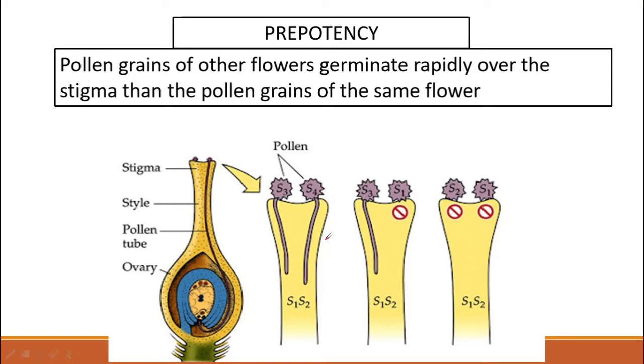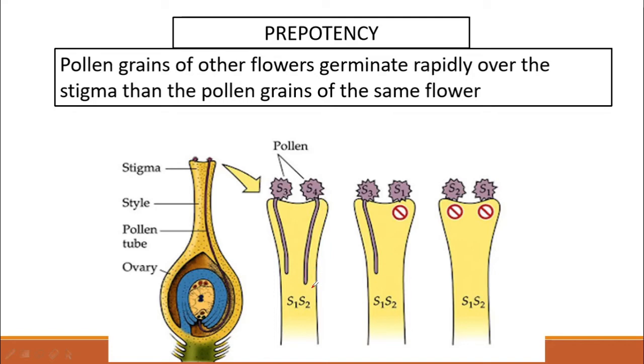So if the pollen grain is S2 and the stigma is S1, look here, it is not developing rapidly. But the pollen grain of the other flower, S3, which is not the pollen grain of the same flower but of a different flower, would start germinating rapidly. So you can see here S3 and S4 are germinating rapidly.